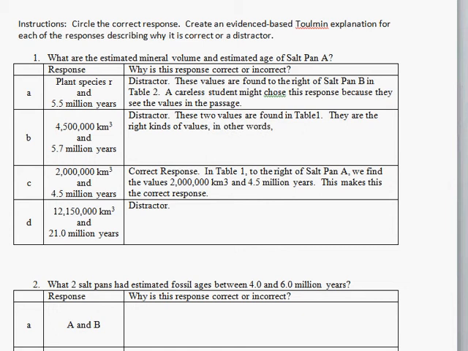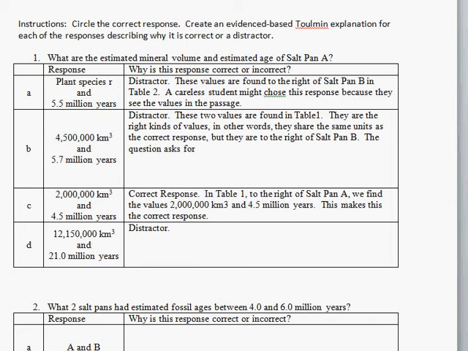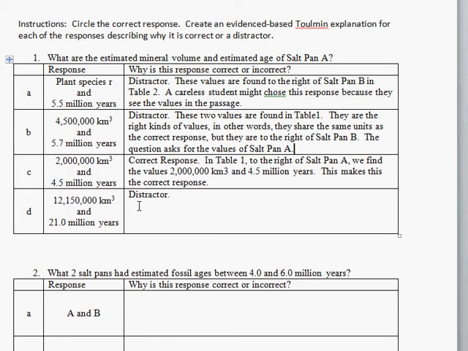In other words, they share the same units as the correct response, but they are to the right of salt pan B. The question asks for the values of salt pan A.